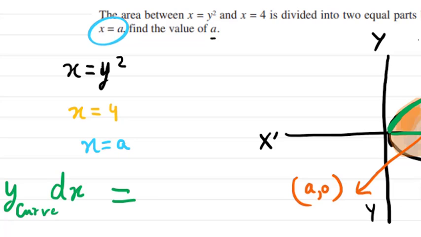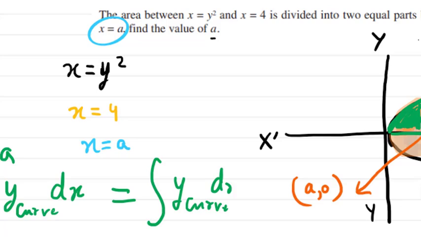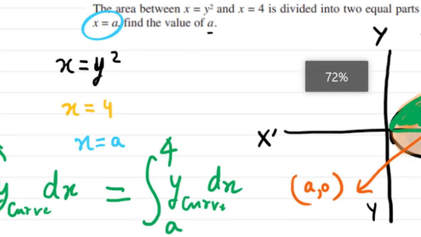So the area of this green part will be the integral of y dx with limits from 0 to a, and it is equal to the other part, the blue one, whose area will again be the integral of y dx, but with limits from a to 4. So we just need to calculate this and we'll get the value of a.